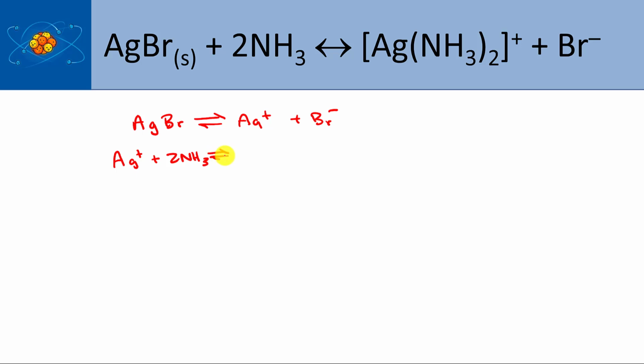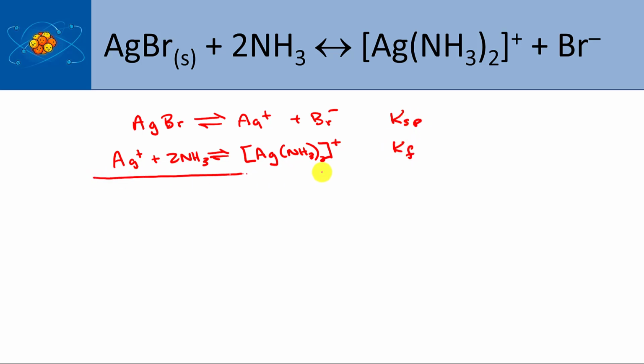I don't know how many times I can say that. I know someone's going to ask me, how did you get that? It's okay. We all go through that phase. Ag(NH3)2 plus, like that, and that's my KSP and my KF.